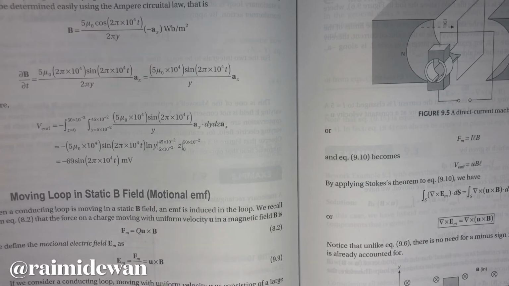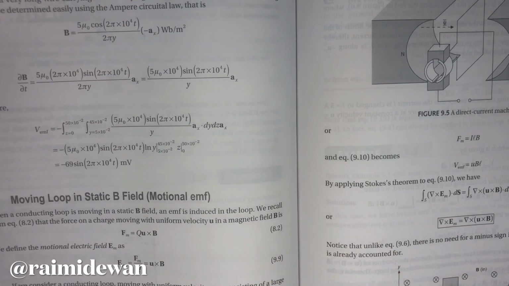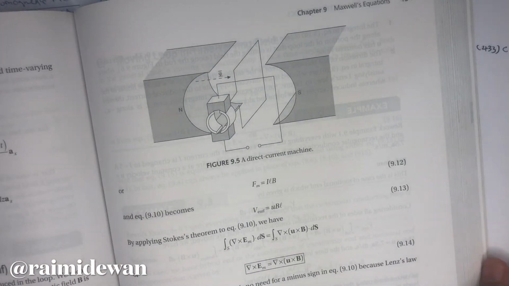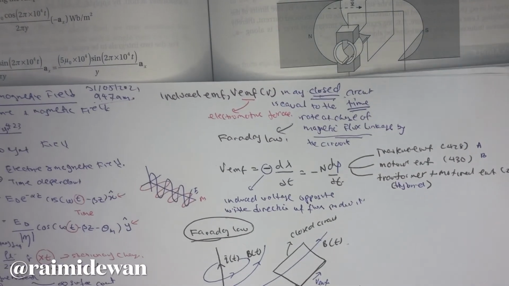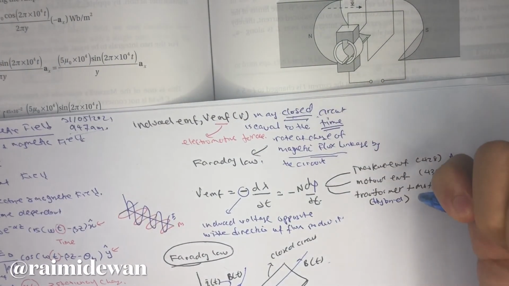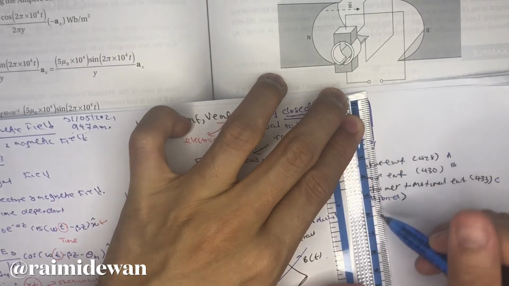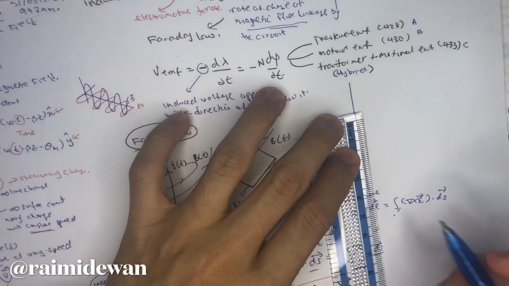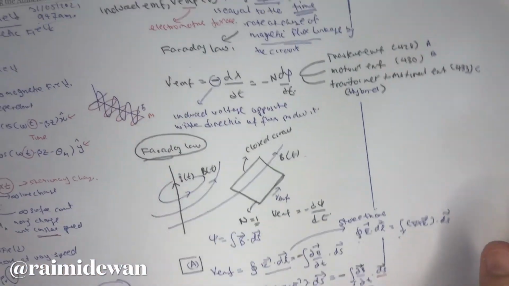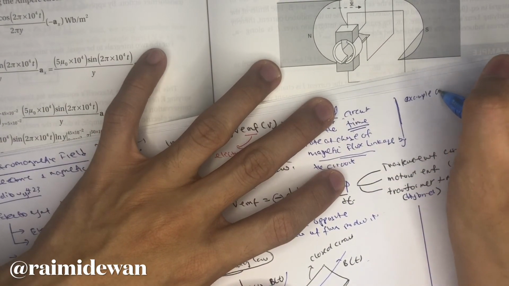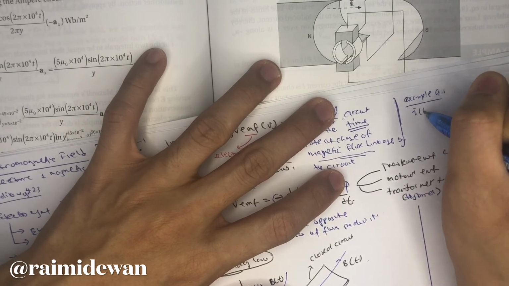For this example, example 9.1, you are introduced to your I of t.